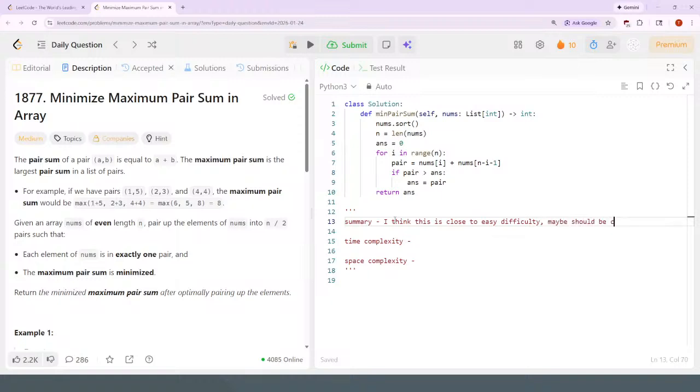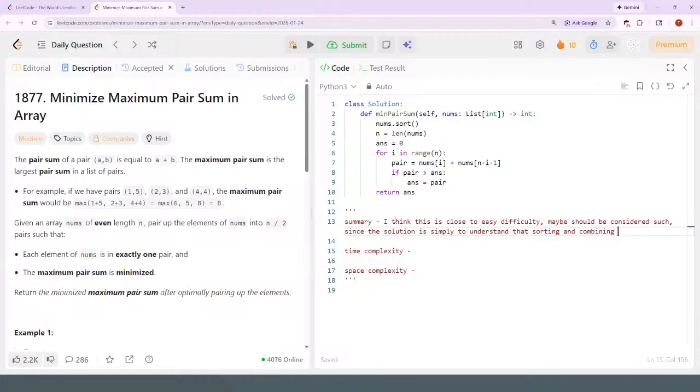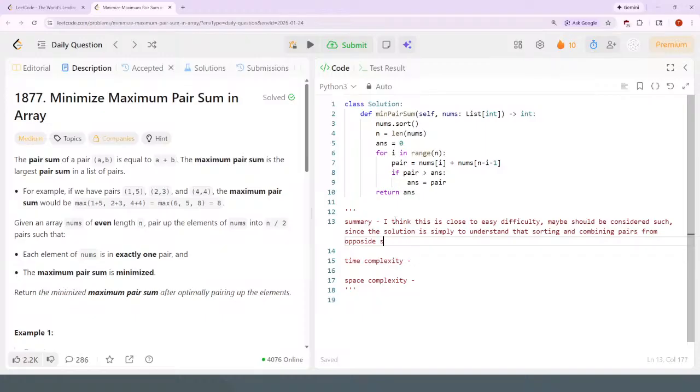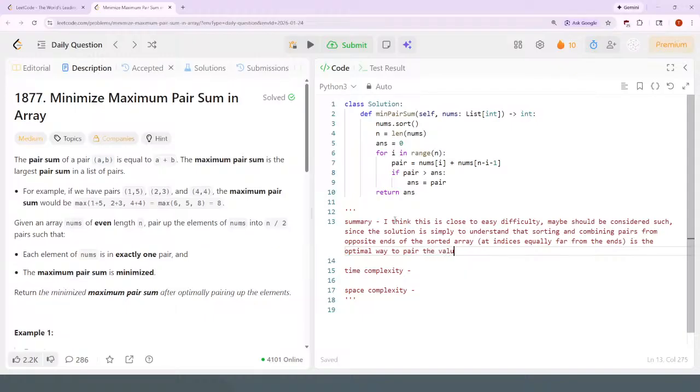Maybe should be considered such, since the solution is simply to understand that sorting and combining pairs from opposite ends of the sorted array, at indices equally far from the ends, is the optimal way to pair the values.